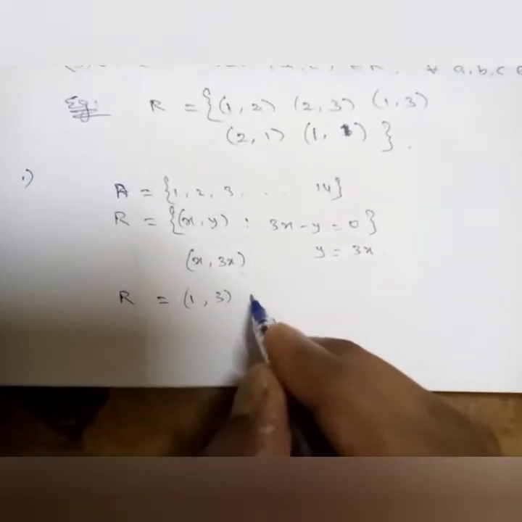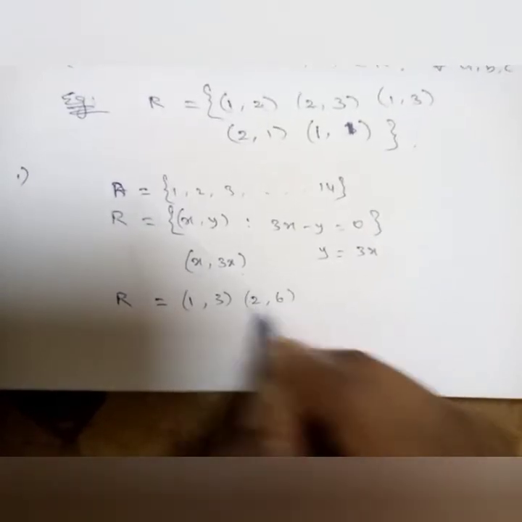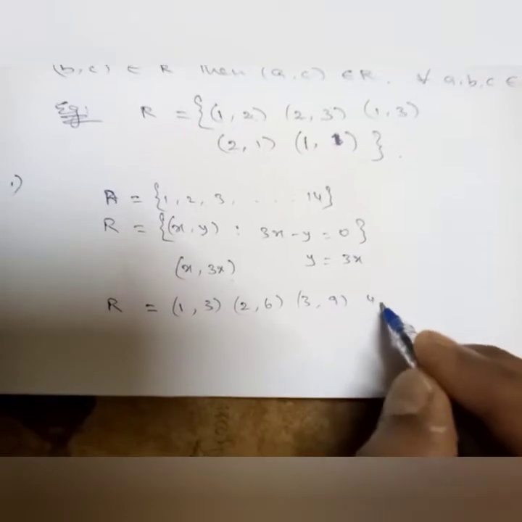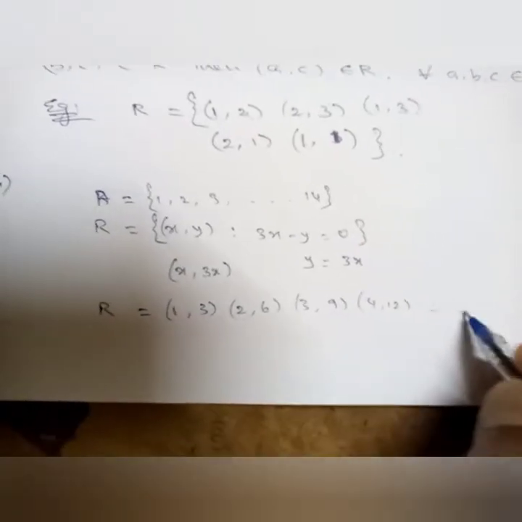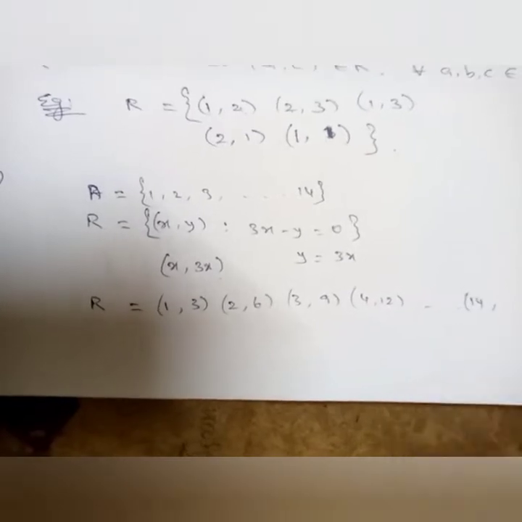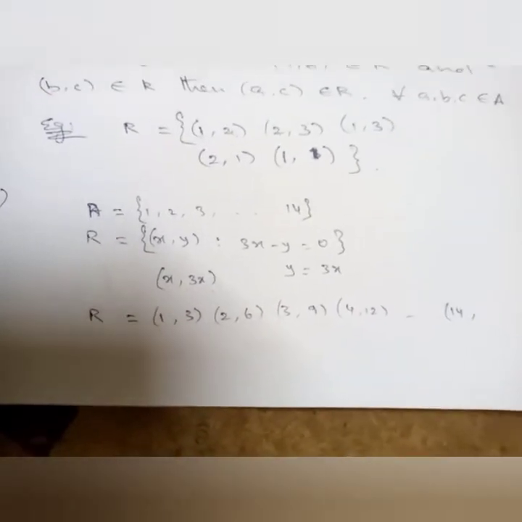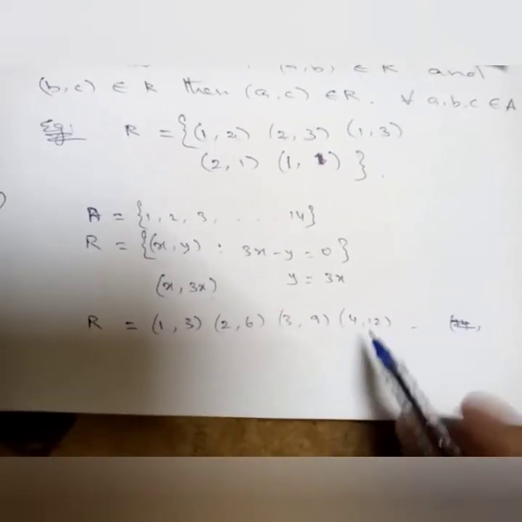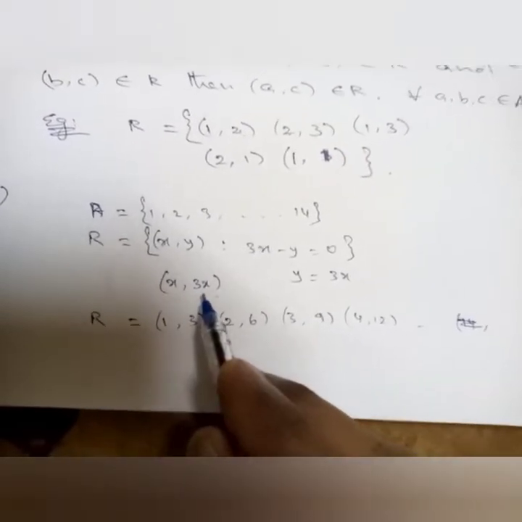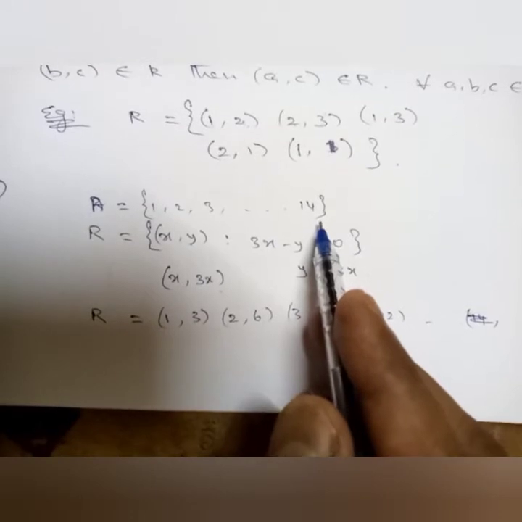If x value is 2, then this is 6. If it is 3, 9. 4 means 12 and so on up to 14. Is it possible? 14? No, not possible. See here (4, 12). If x value is 5, then what will be 3x? 15. But 15 is not here, right?